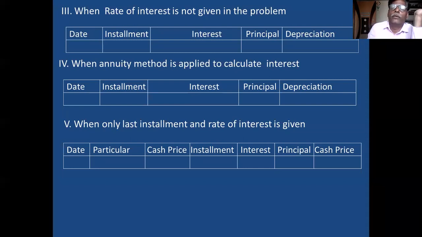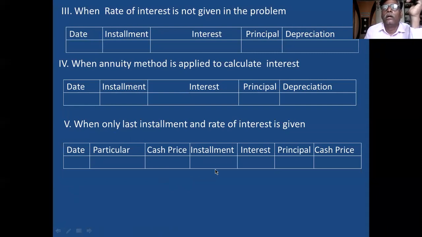This is the applicable method. Okay, these are the methods of calculating the interest.